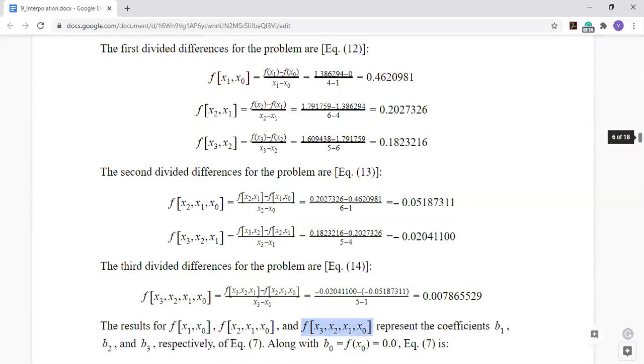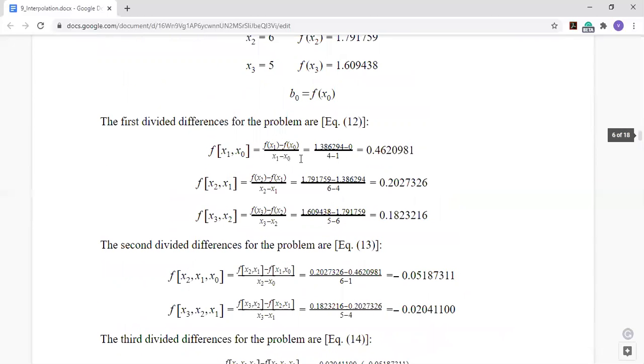But first of all, you need to calculate the first, the second, and the third divided difference. For the first divided difference, we need to calculate f(x1), f(x0). We need to calculate f(x2), f(x1). Then we need to calculate f(x3), f(x2).